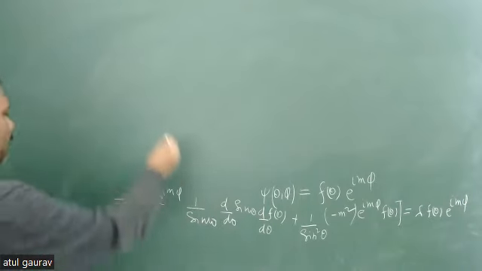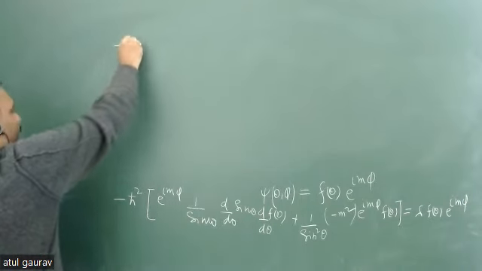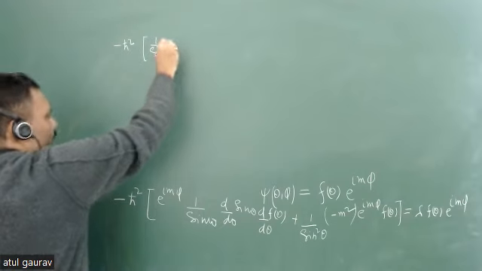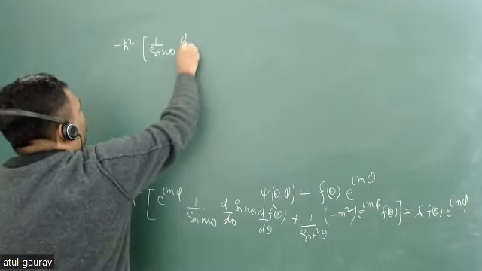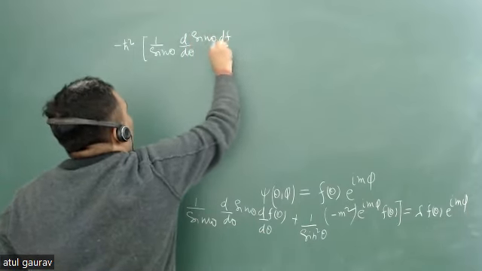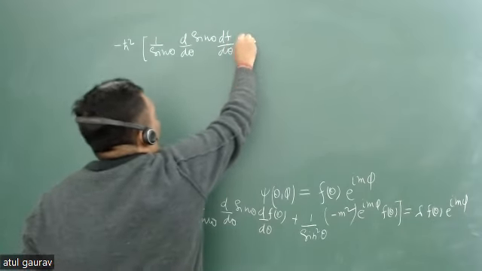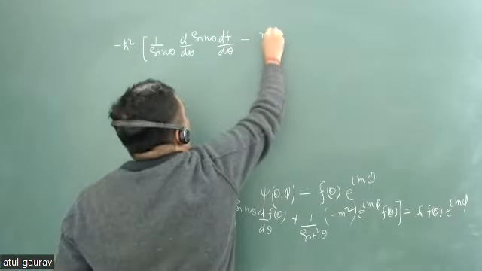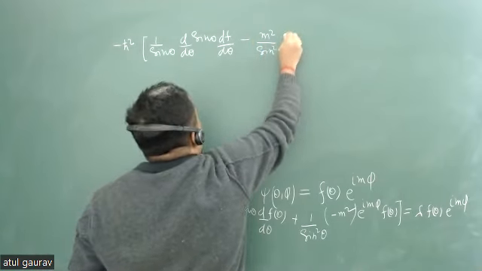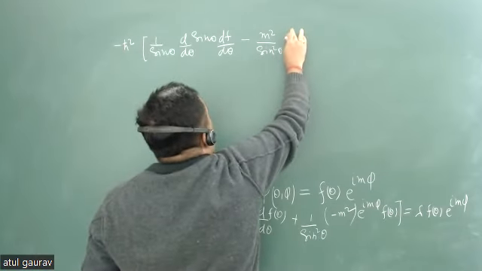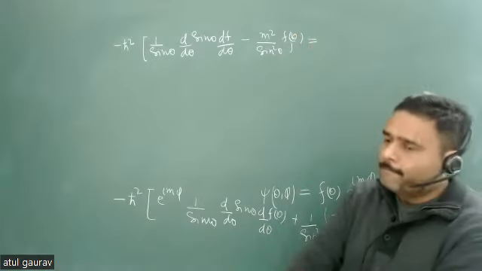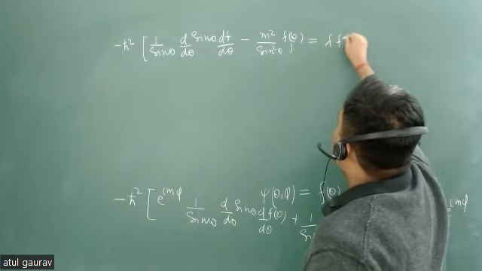Now we have minus h cut square, and we have 1 upon sine theta d upon d theta sine theta df upon d theta minus m square upon sine square theta f theta must be equal to lambda into f theta.